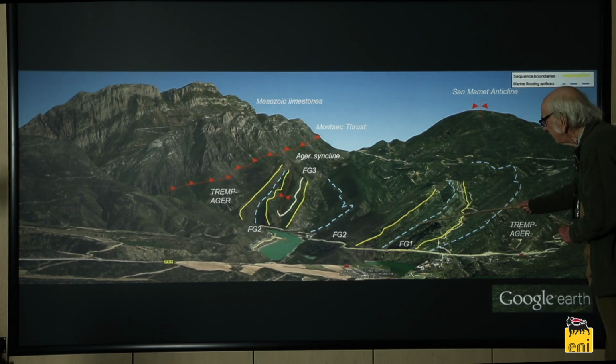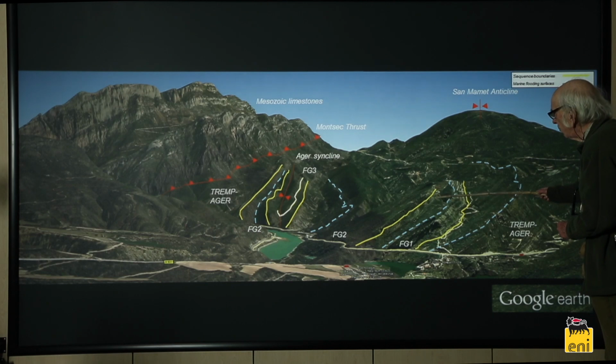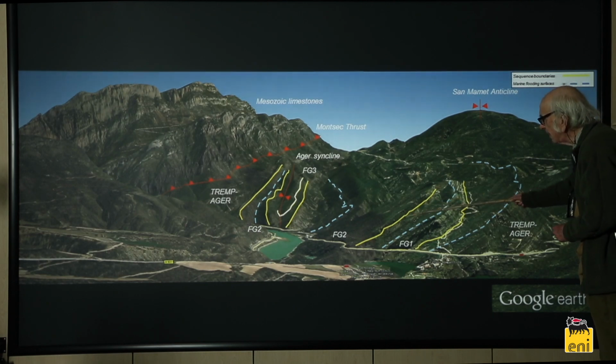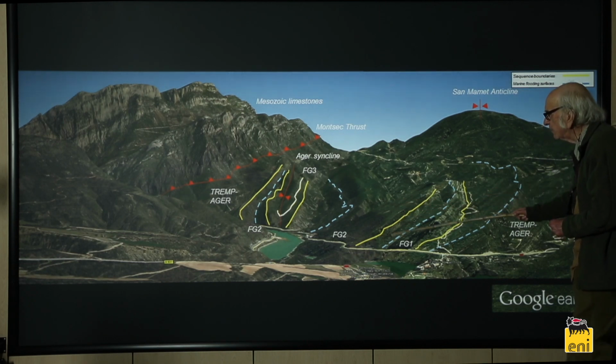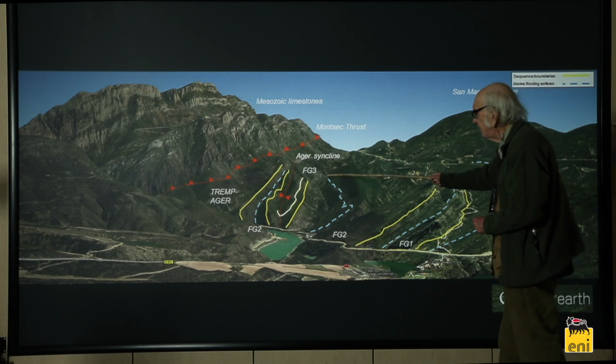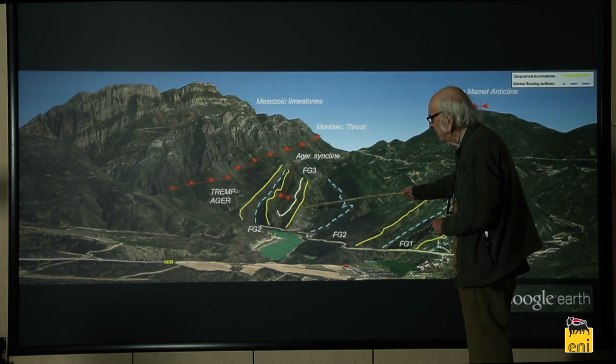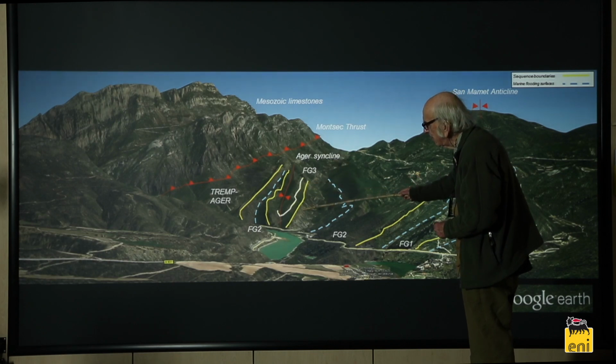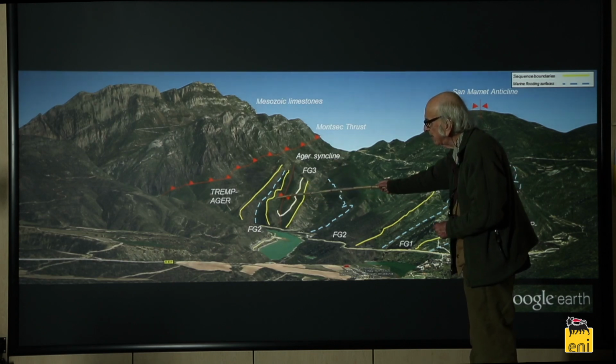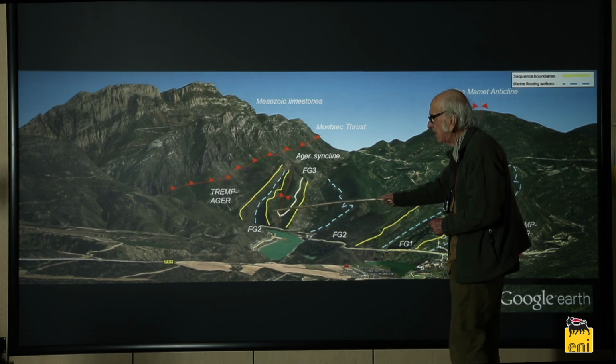Here you have a marine flooding surface. You have a more shaly succession up on top, another sequence boundary, sands in here, Figols 2, marine flooding surface, highstand mud, sequence boundary, and Figols 3, which is in here.